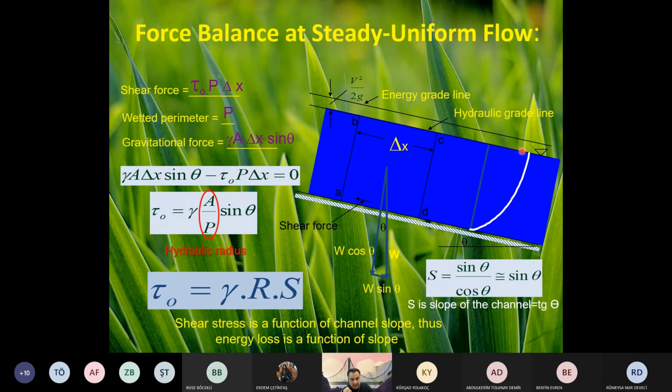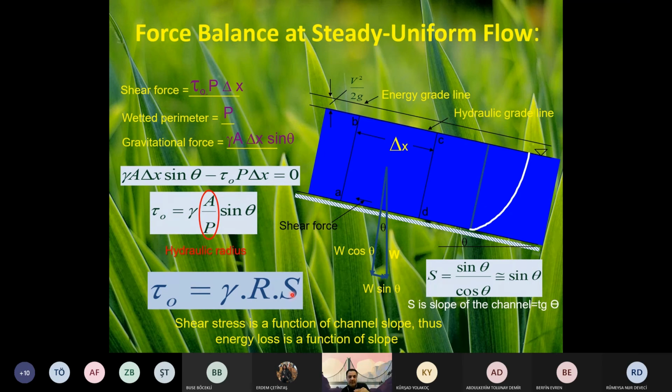This is the second one: shear stress is a function of channel slope based on this formula, and therefore energy loss is a function of slope. Is there a positive or negative relationship between the energy loss and the slope?